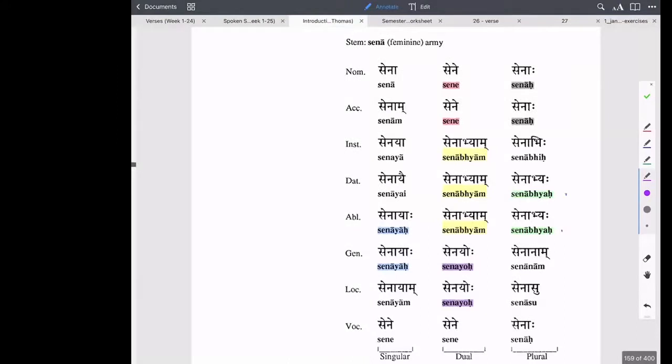Repeat: sena, sena gachati, army goes. Sene, sene gachataha, 2 armies go.